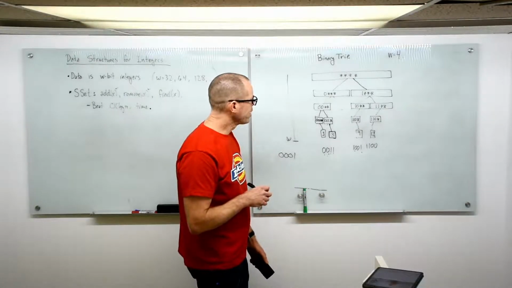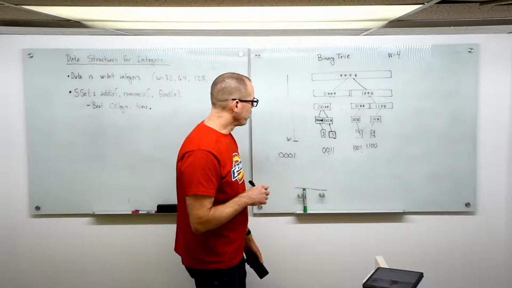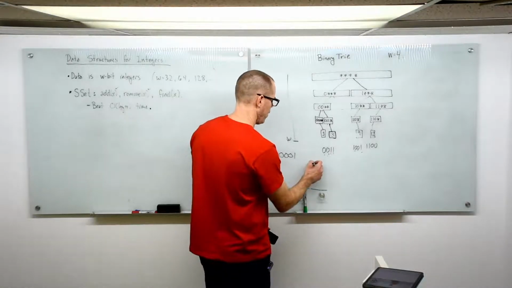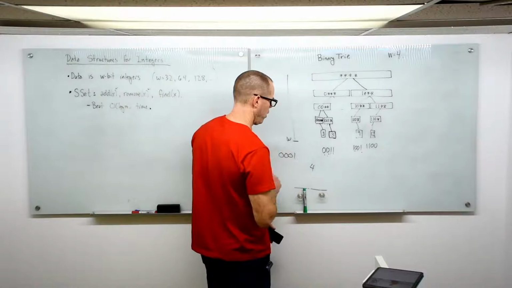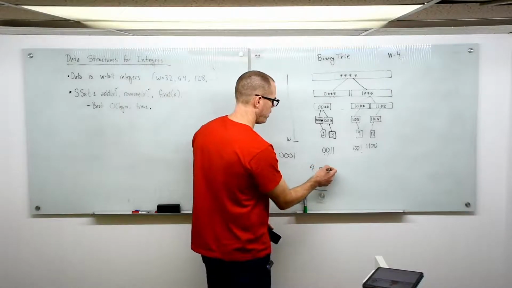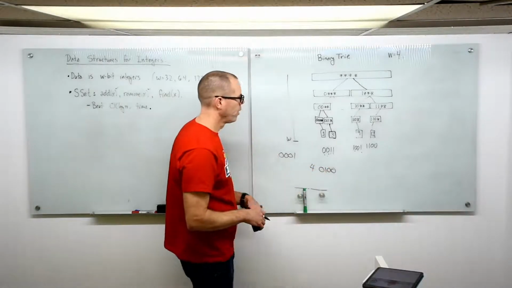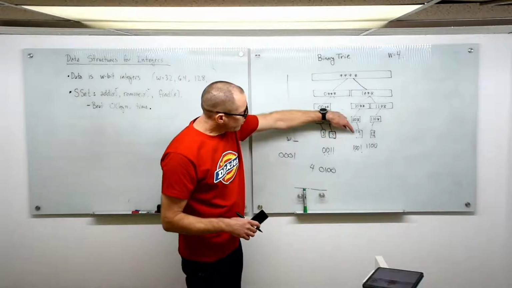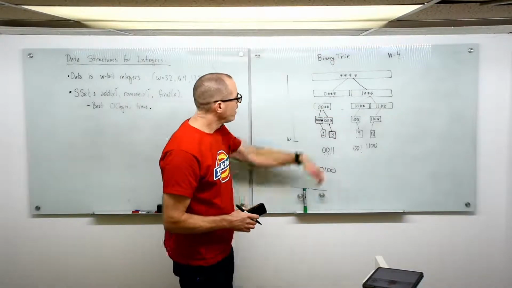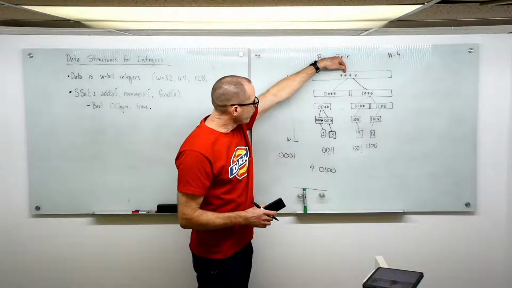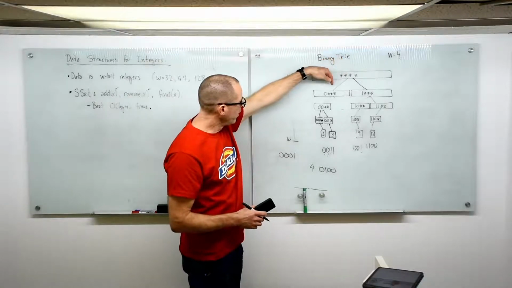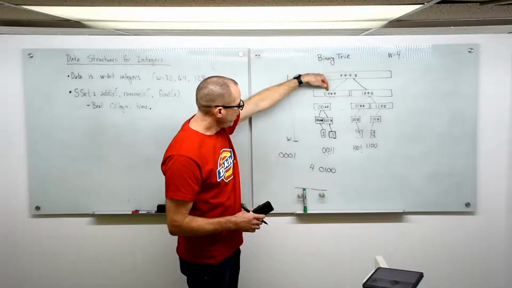And so, for example, here, if I search for 4, 4 is a 0, 1, 0, 0. So the answer should be 9. But if I follow the search path for 4, the first thing is a 0, and then a 1.